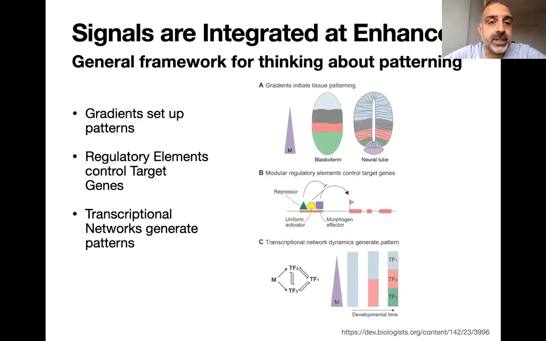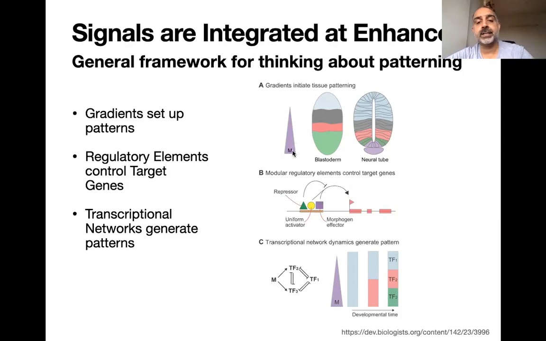So up until last week's lecture, I had introduced this general framework for thinking about patterning. Essentially, we have gradients or signaling interactions that set up patterns. Here we're looking at the blastoderm or the neural tube. All of these are examples of gradients of signaling proteins that will set up a particular pattern. Regulatory elements will then control target genes.